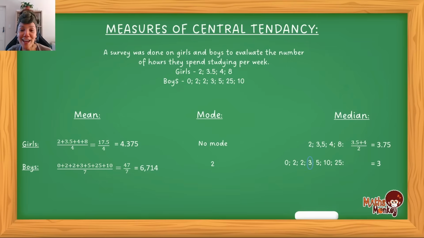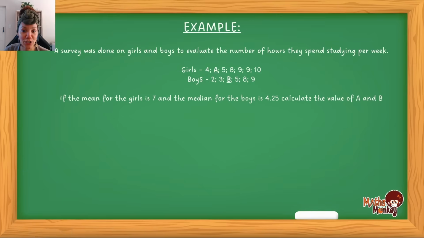But where do the examiners make this a little bit more challenging? I'm going to show you through this example. Obviously you have been calculating mean, mode, median, range since grade 8. So when it comes to grade 12, very seldom are they going to just say calculate the mean.